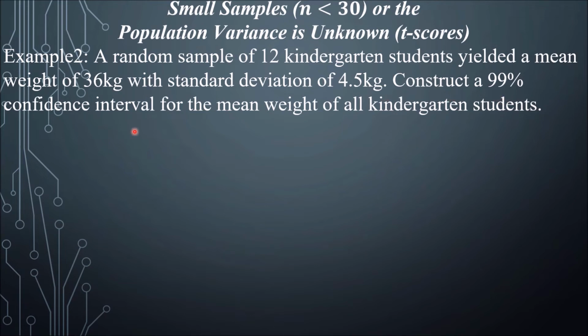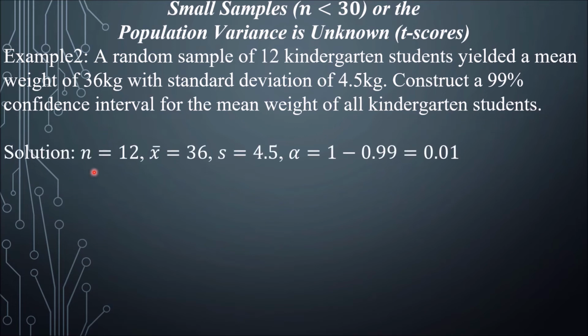Construct a 99% confidence interval for the mean weight of all kindergarten students. So given n is equal to 12, sample mean is 36, sample standard deviation is 4.5, and significance level 1 minus 0.99, which is 0.01.